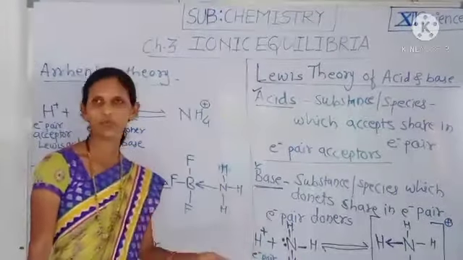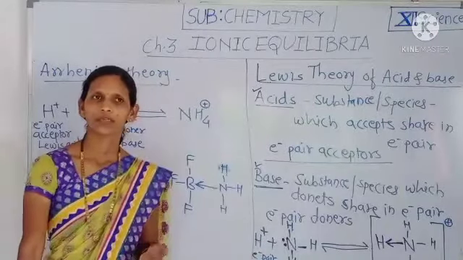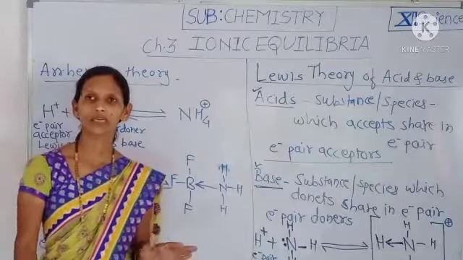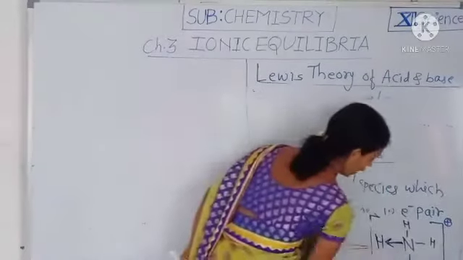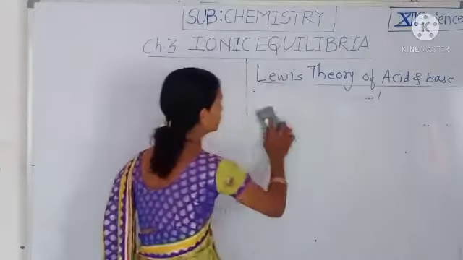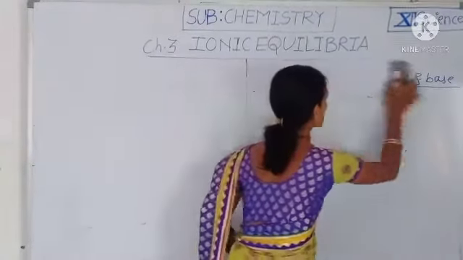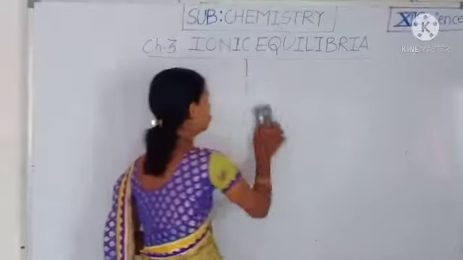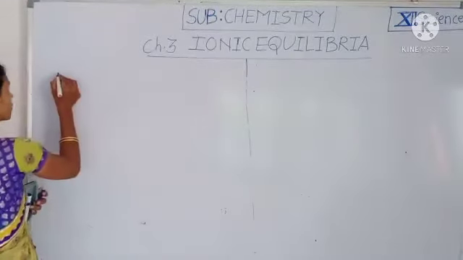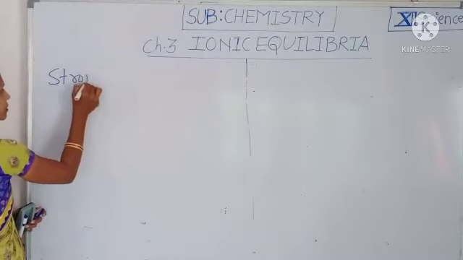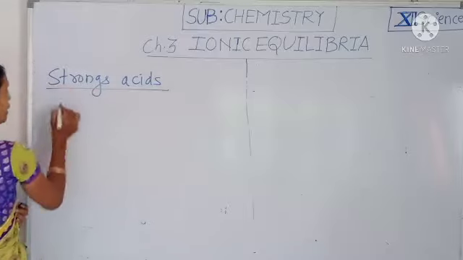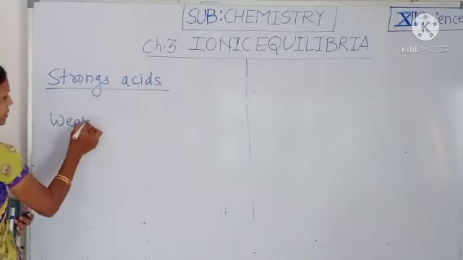Using this concept, we can determine the acidic or basic nature of any substance. According to the strength of acid, we can classify these into two categories. See here, strong acids and weak acids.